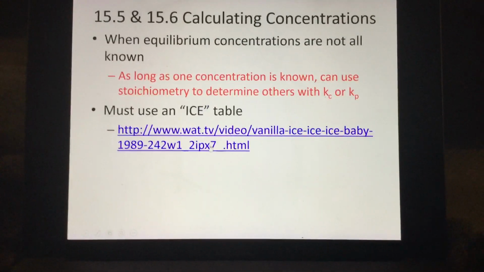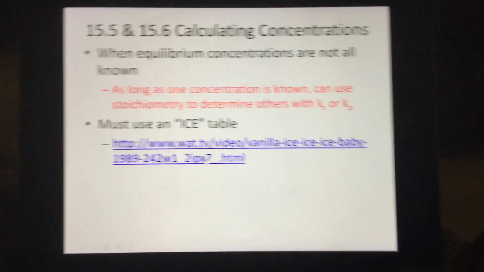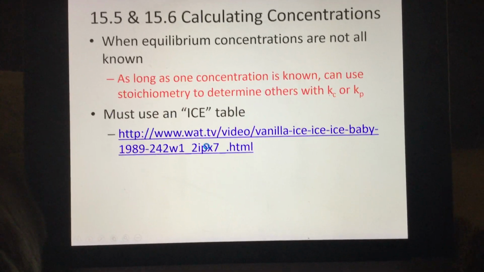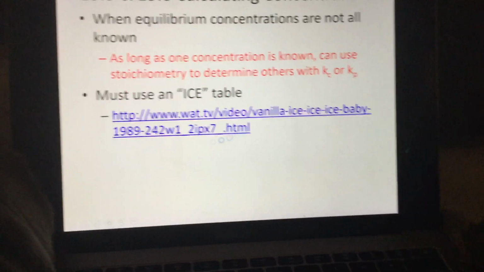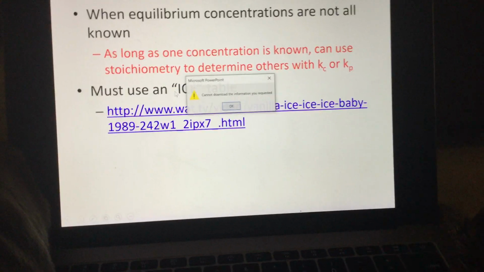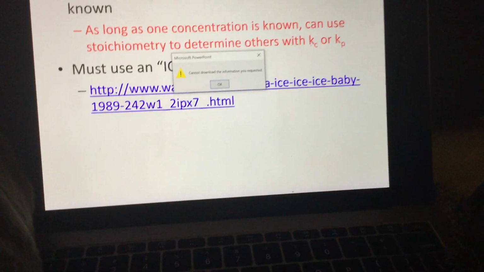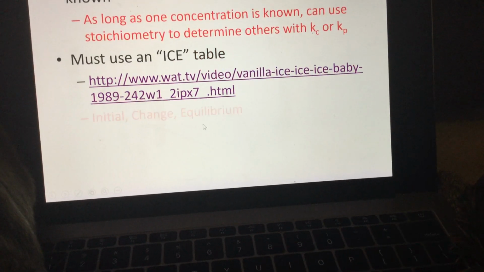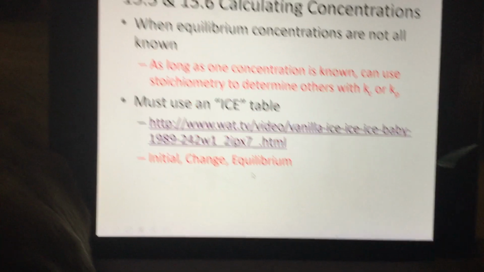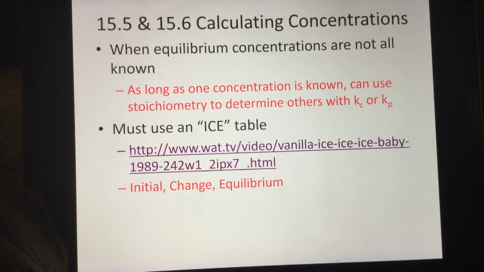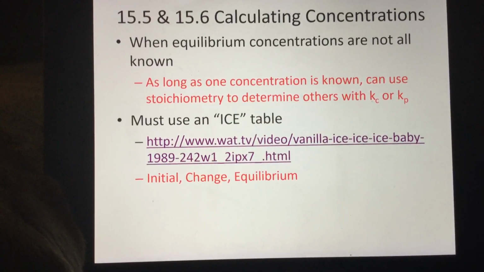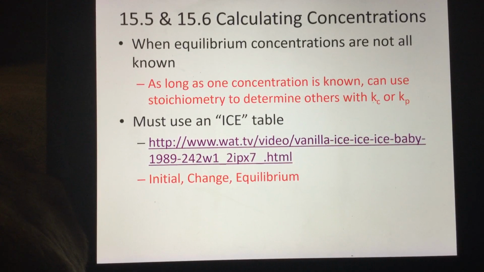Okay, so what we mean by an ICE table is, ICE stands for initial, change, and equilibrium.